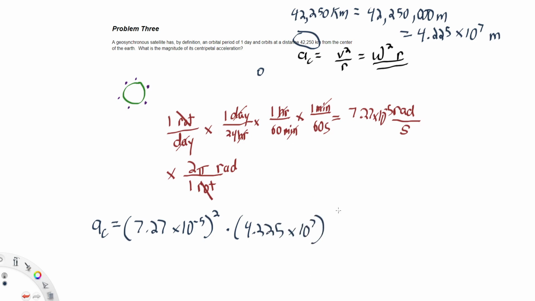Right, this is in meters. This is in rads per second. And at this point, we go to our calculators. We get something like 0.223.